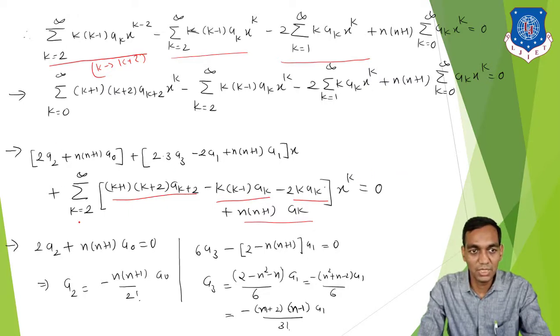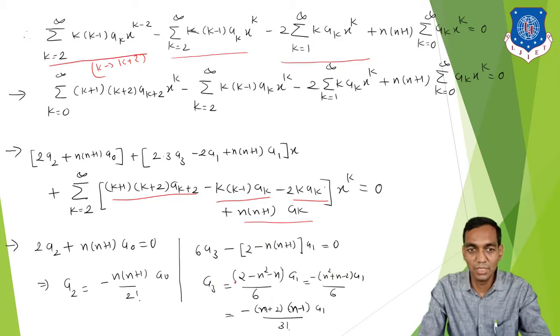So from the first equation you have a2 is equal to minus n(n plus 1) divided by 2 factorial into a0. We write it in the form of factorial because it is going to reduce in the form of factorial. In the same manner, a3 is equal to minus of (2 minus n(n plus 1)) a1, this term going to the opposite side.